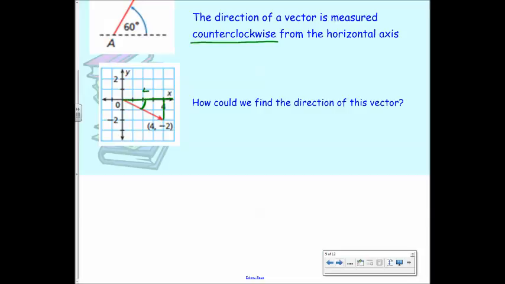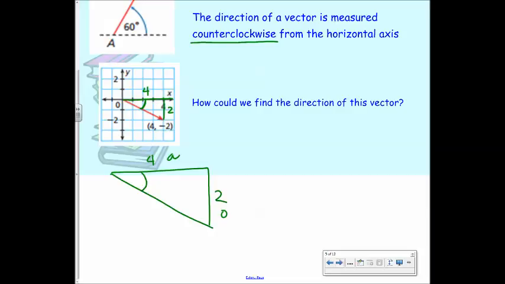Okay, so if I have a triangle, and I have this is 4, and this is 2, and I'm looking for this, how would I do that? Oh, that's opposite over adjacent, and I'm looking for an angle, so what am I going to have to do? Tan inverse of which measure uses opposite and adjacent? Tangent.